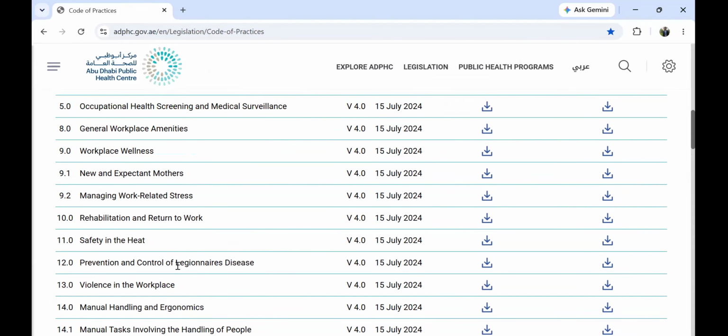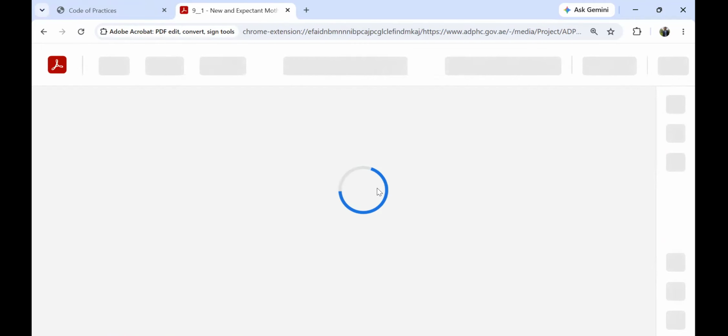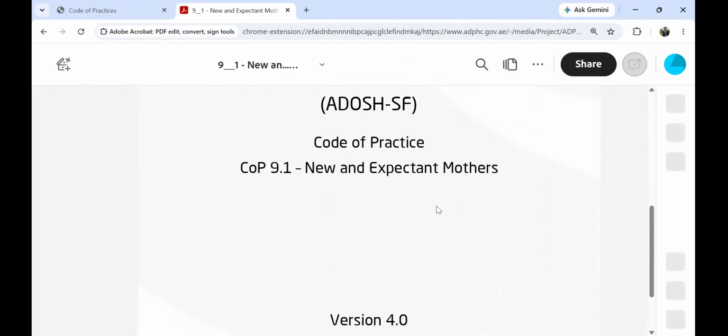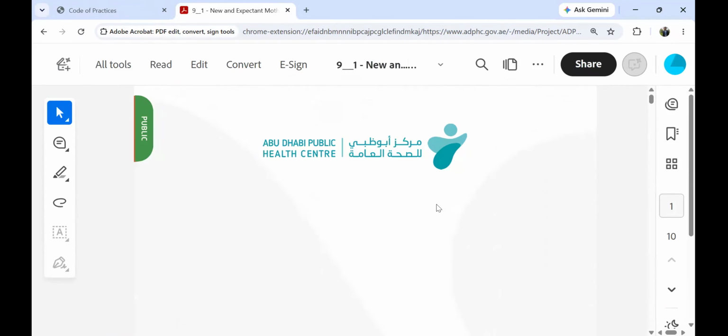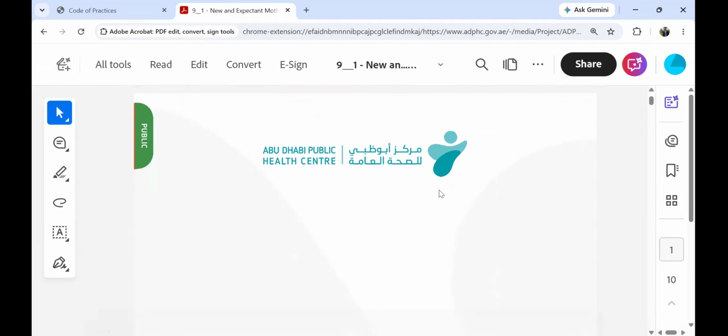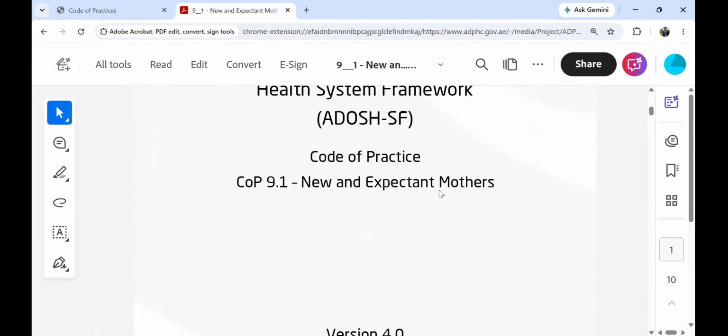This one, special need, new and expecting mothers. So now let's open this. See here, expecting mother. The COP: new and expecting mothers.